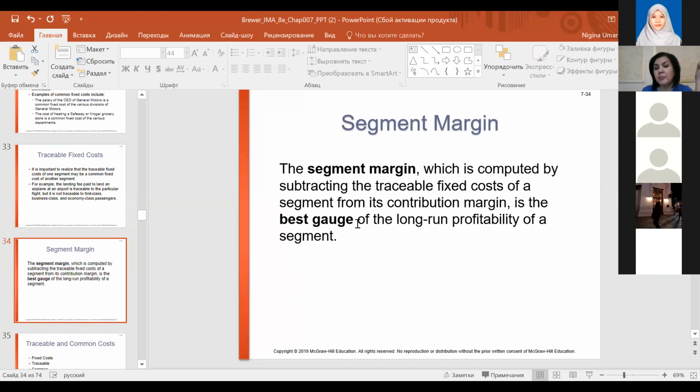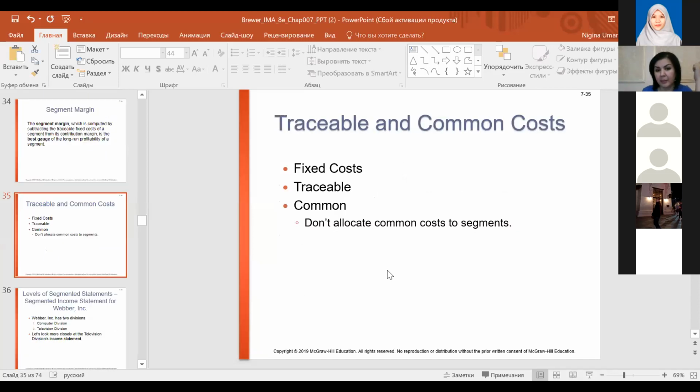So traceable and common costs: fixed cost, traceable cost, common cost. And don't allocate common cost to segments.